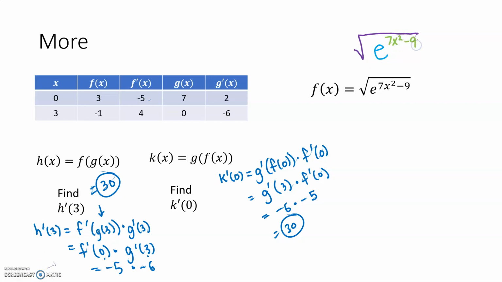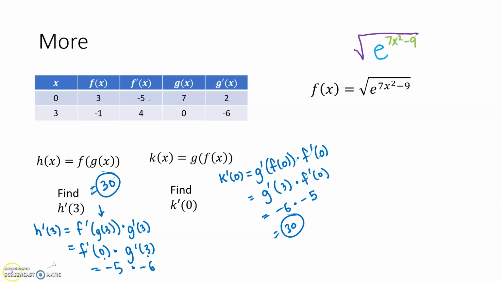And the big thing about this is babies having babies. The big mama is the square root function. Its baby is e to the, and its baby is 7x squared minus 9. So we're going to work our way backwards order of operations. If I knew what x was, the first thing I would do would be 7x squared minus 9, and then I would raise e to that power, and then I would take the square root.